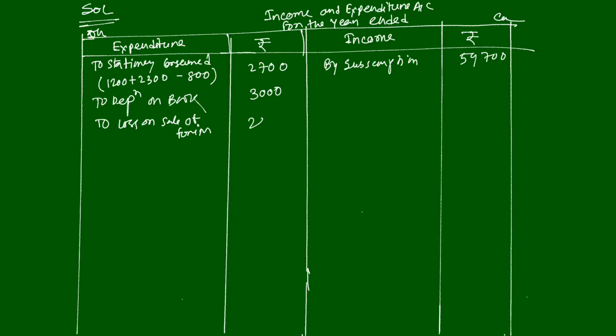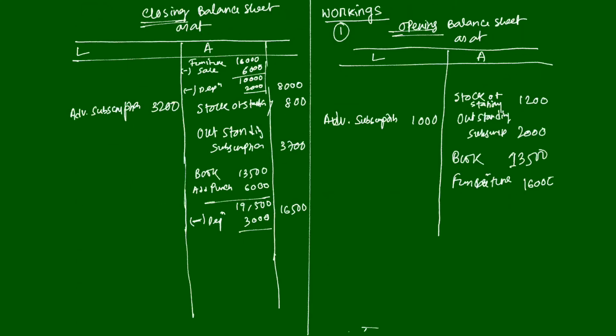What is the value? 2,000. Okay, how? 6,000 minus 4,000. Okay, next we already calculated everything. The depreciation of furniture we will write here. Depreciation on furniture, what is the value? 2,000. Now you calculate the things. Say depreciation of furniture, this value 2,000.